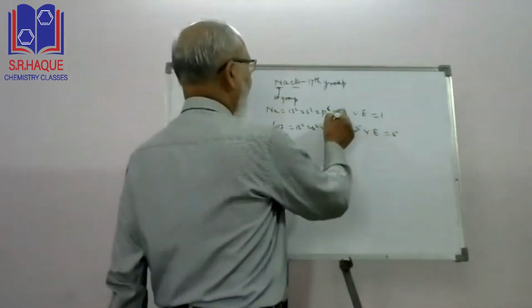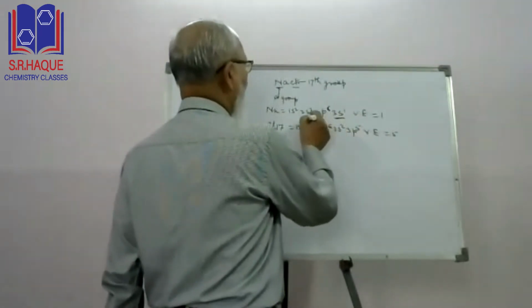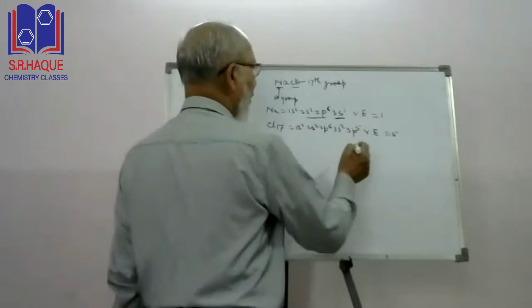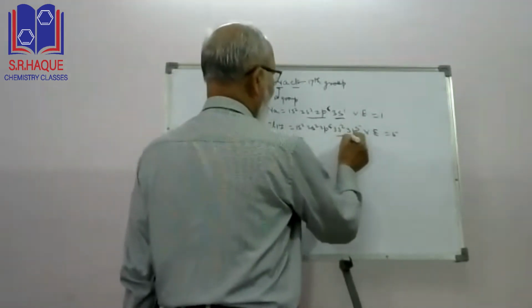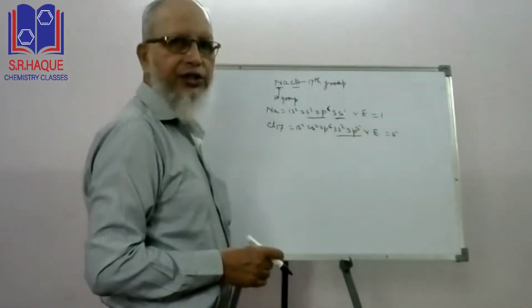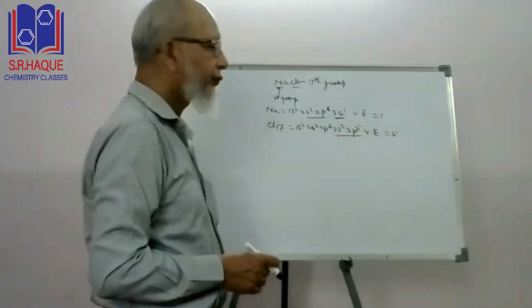So here, if sodium loses one electron, it will gain s2p6 electronic configuration, and if chlorine accepts one electron, it will gain the stable inert gas configuration.